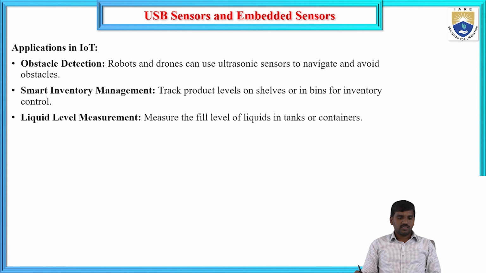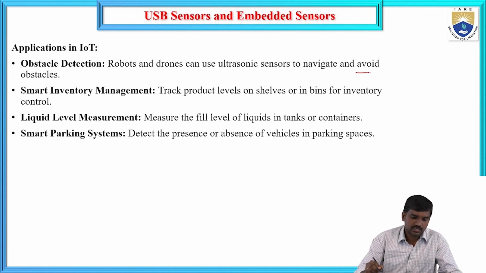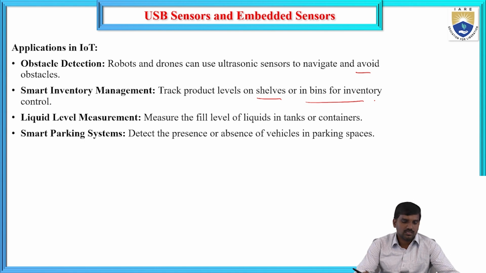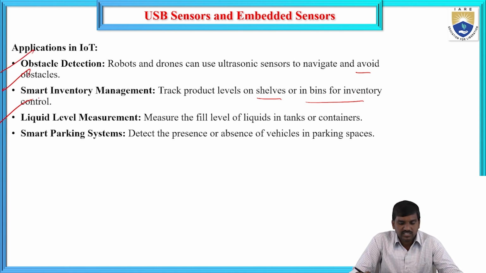Applications in IoT. First, obstacle detection: robots and drones can use ultrasonic sensors to navigate and avoid obstacles. The second one, smart inventory management: track product levels on shelves or in bins for inventory control. The third one, liquid level measurement: measure the fill level of liquid in tanks or containers.